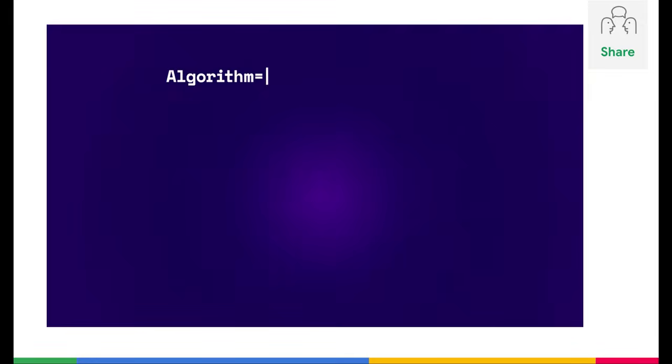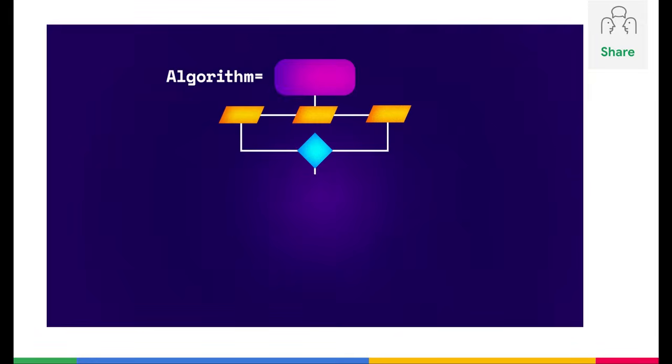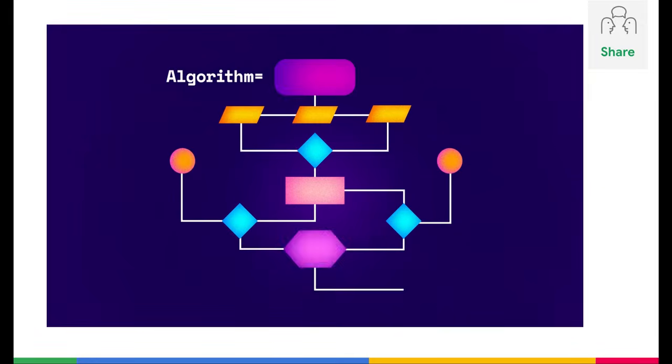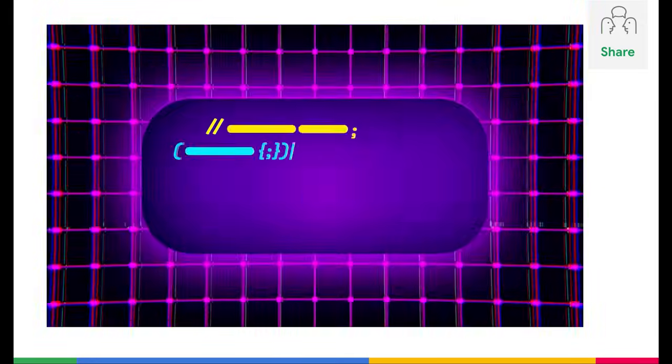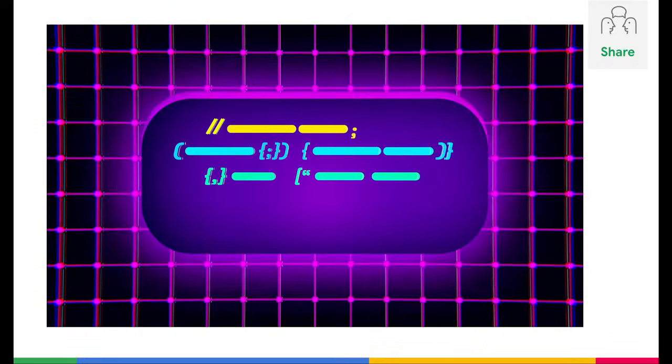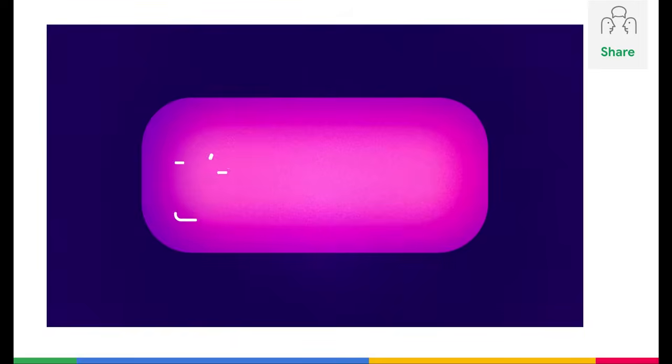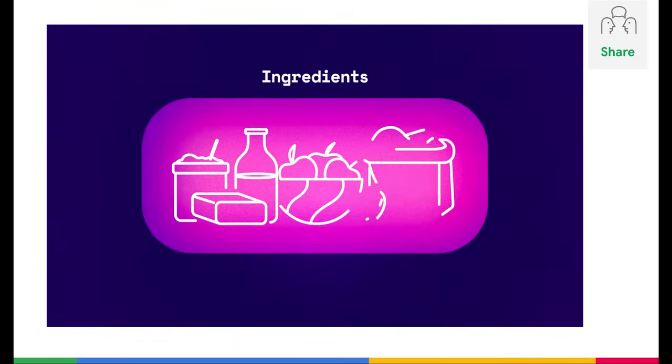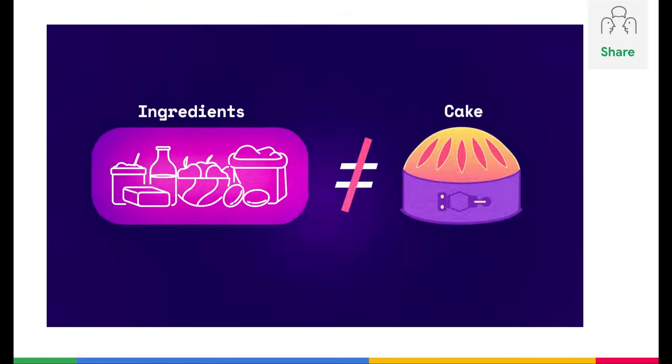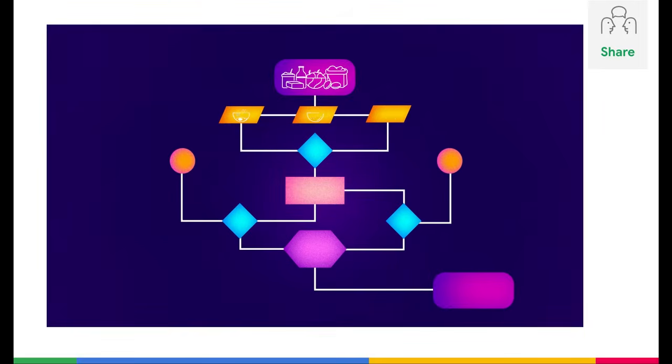Okay, so an algorithm is just a specific set of instructions or steps used to solve a given problem. While code is commonly used to express algorithms, not all algorithms are written in code. Say you have a bunch of ingredients and your problem is that they're not cake. In this case, a cake recipe is the algorithm you need.